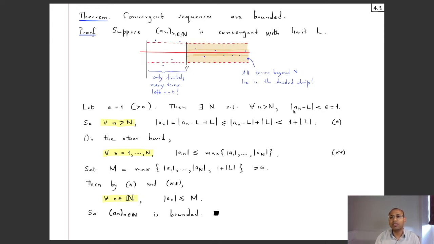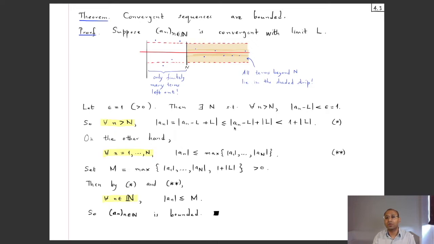Now all I know is that the distance of An to L is at most 1, and somehow I want to create a bound for An. Well, I don't see an L over here about which I have some information. So why not artificially create an L so that then I can use this inequality. So I add and subtract L, and then this is less than or equal to, by the triangle inequality, the mod of this part plus the mod of this one.